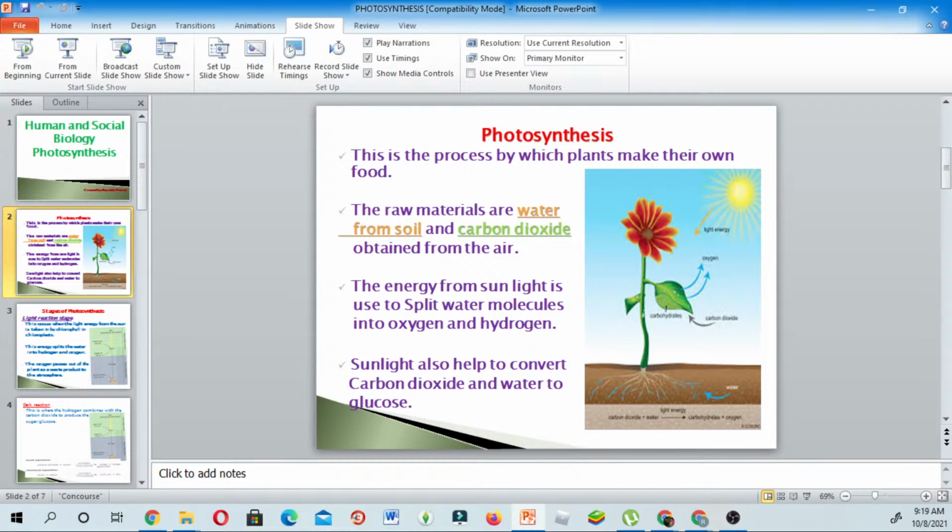So the sunlight basically has two functions. One is that the sunlight splits the water molecule into oxygen and hydrogen, and down at the last pointer there, the sunlight, of course, converts carbon dioxide and water to glucose. So those are the two functions of sunlight as it relates to the process of photosynthesis.